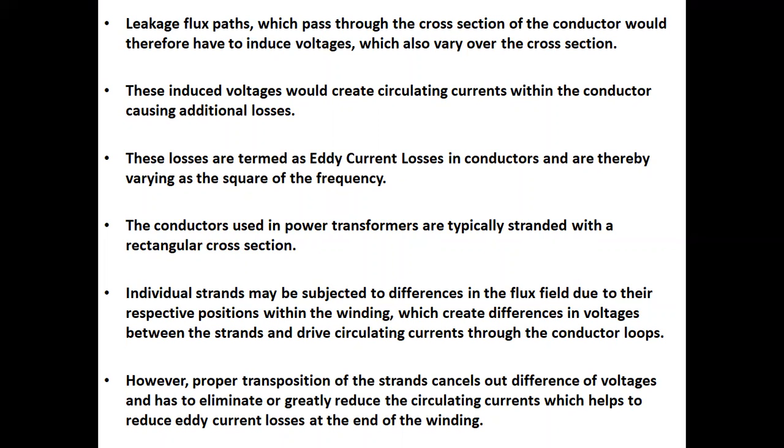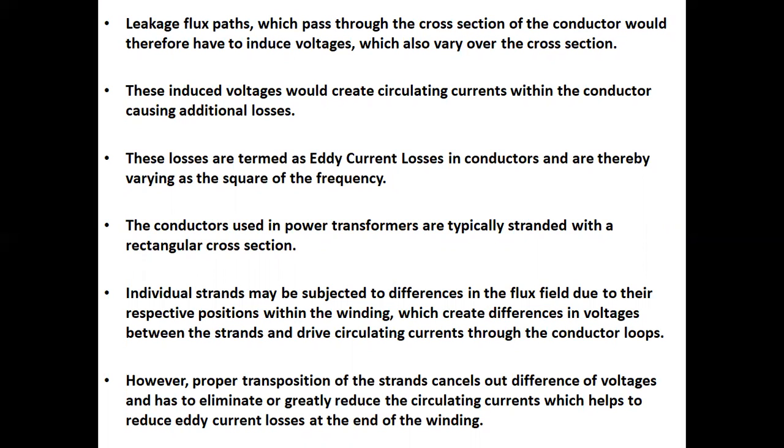The conductors used in power transformers are typically stranded with a rectangular cross section. Individual strands may be subjected to differences in flux field due to their respective positions within the winding, which create differences in voltages between the strands and drive circulating currents through the conductor loops.